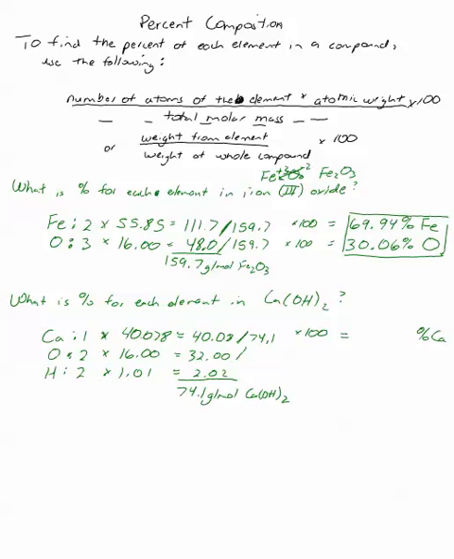Do the same thing on our oxygen. Take the weight divided by the weight of the whole thing, multiply by 100, and that'll give us the percent oxygen. And then hydrogen, do the same thing, and that'll give us our percent of the weight that came from our hydrogen. So let's go ahead and plug these numbers in here.